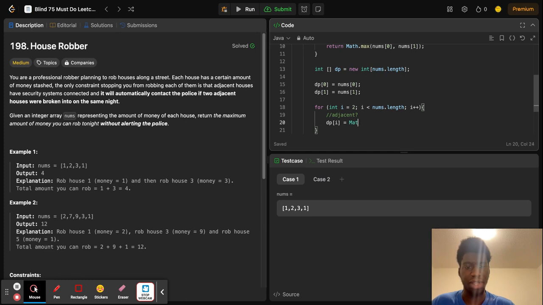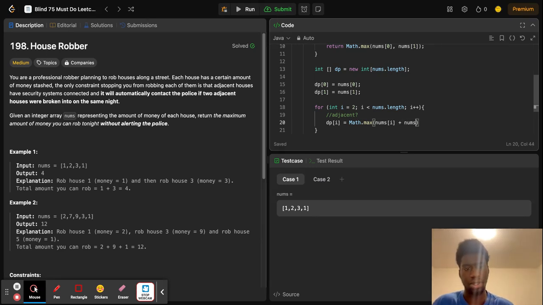we want to find the max value between nums at i plus the values that aren't adjacent. If you have, for example, 1, 2, and 3, it gets 1 and 3.